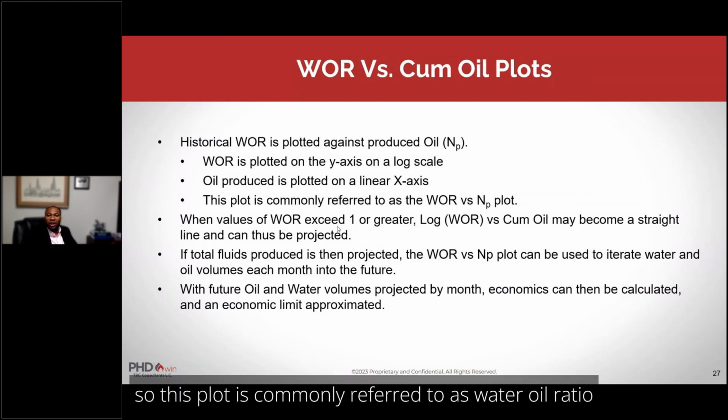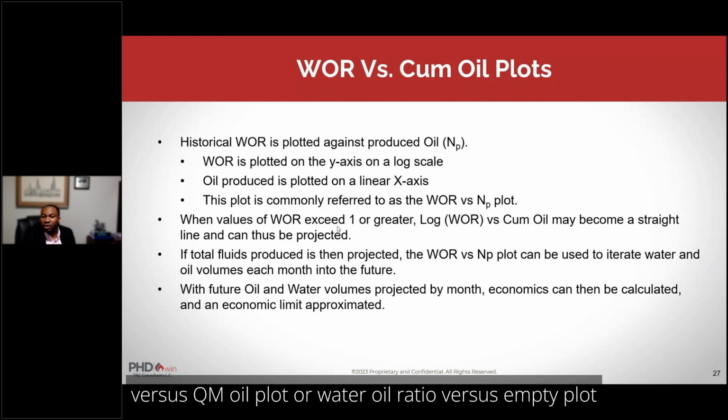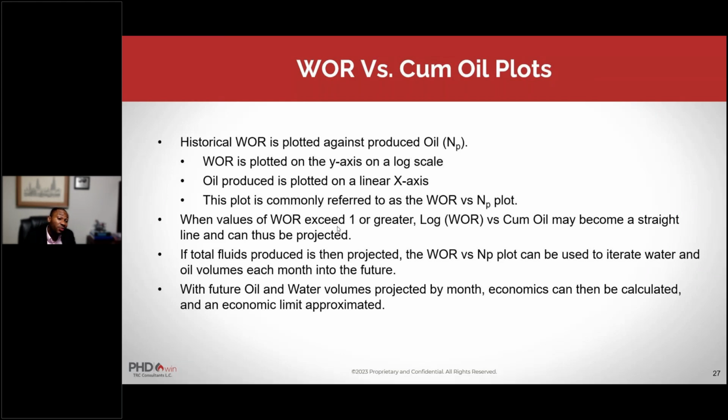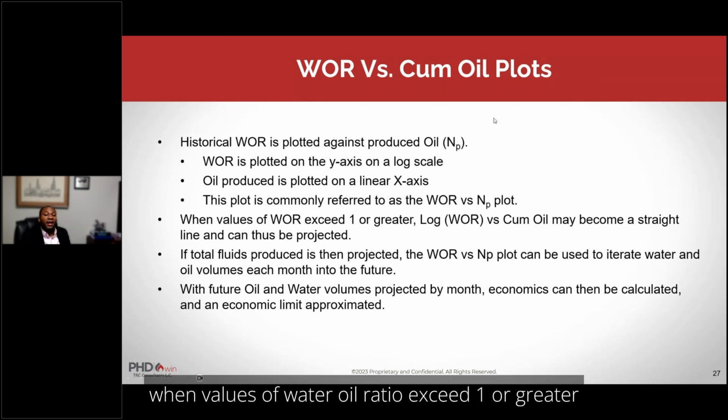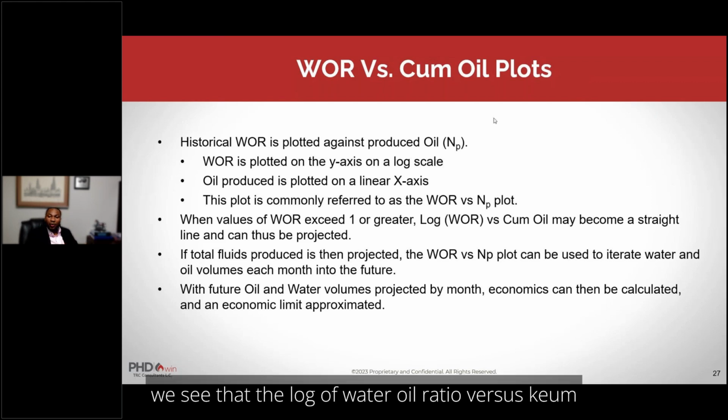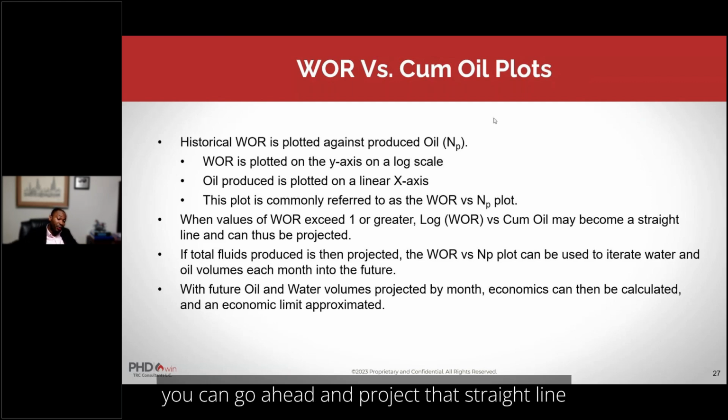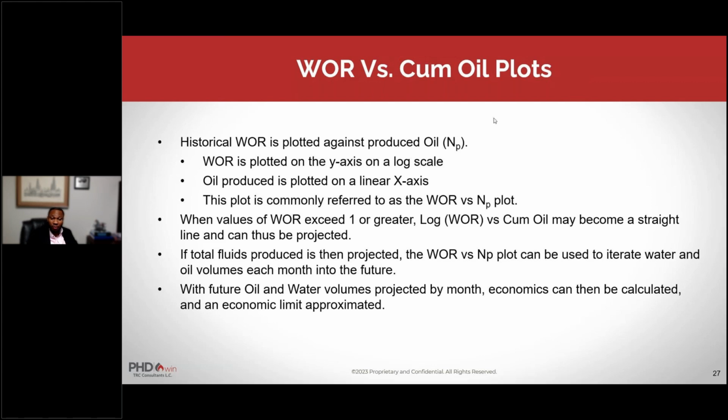This plot is commonly referred to as a water-oil ratio versus cum oil plot, or water-oil ratio versus Np plot. When values of water-oil ratio exceed 1, the log of water-oil ratio versus cum oil may become a straight line, and you can project that straight line.